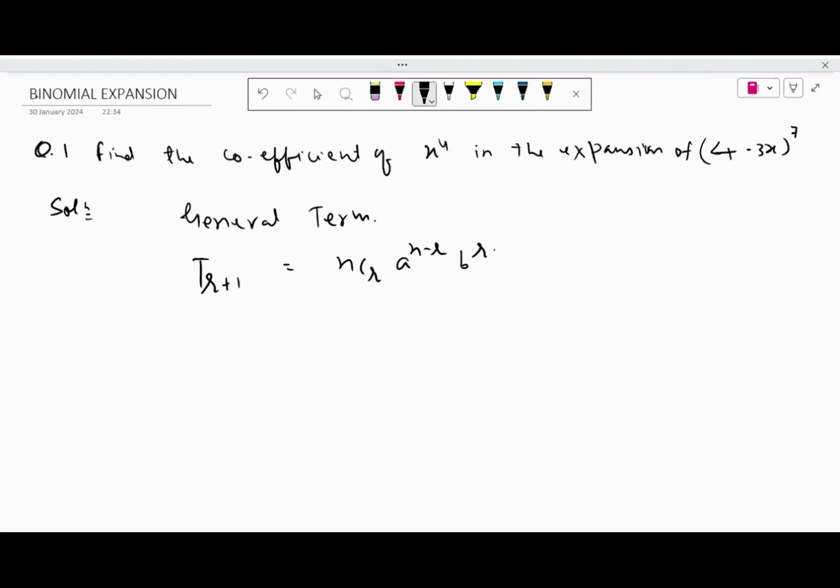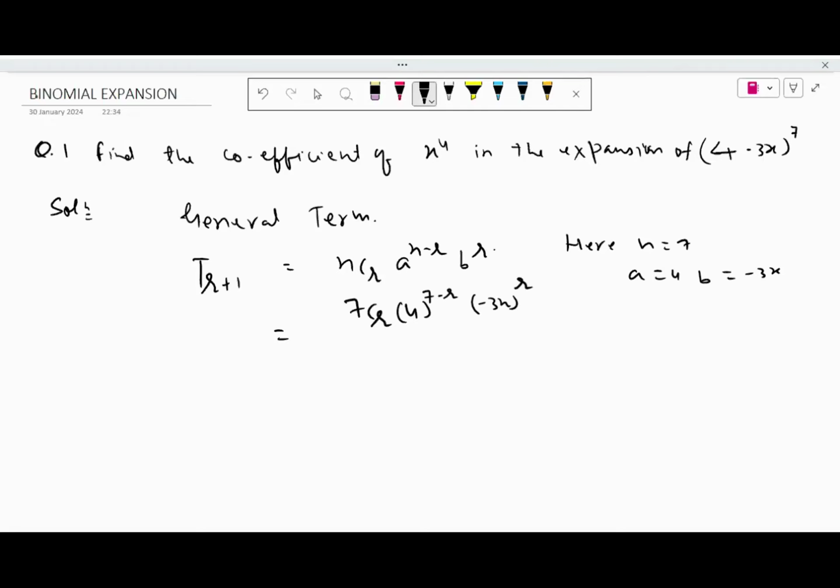Here n equals 7, a equals 4, b equals negative 3x. So nCr, that is 7Cr, a to the power n minus r: a is 4, so 4 to the power 7 minus r, and negative 3x to the power r.